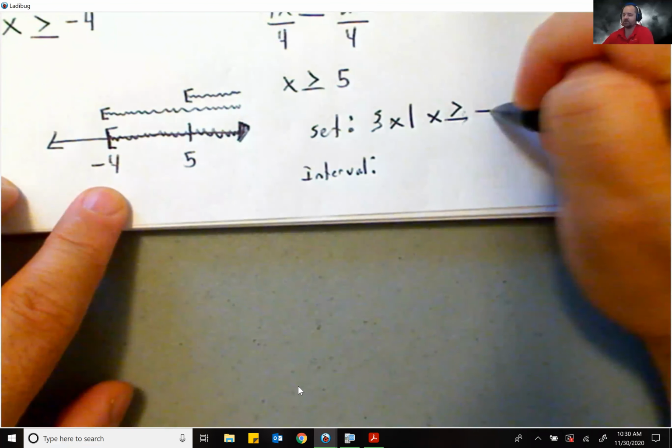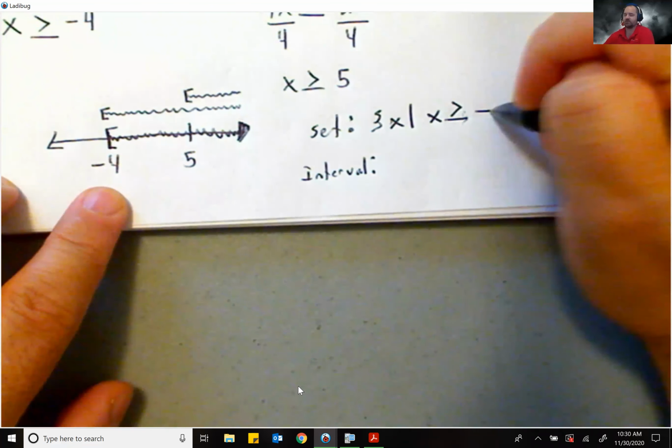There's the set answer. Notice it was actually one of our answers up here: x greater than or equal to -4.